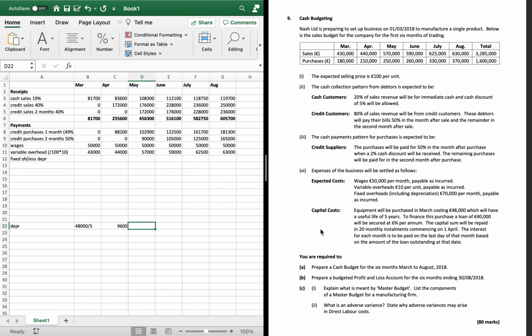We're in a cash budget. We need to work out what that is a month. 9,600 divided by 12 will give us that answer, which is 800. You could have also gone 48,000 divided by 60. So there's 60 months in 5 years, and that will give you 800. So we're taking out 800 out of the fixed overhead.